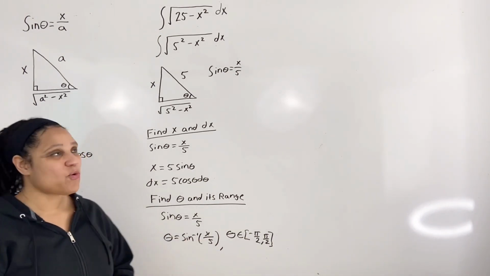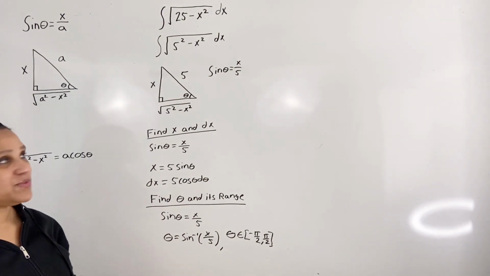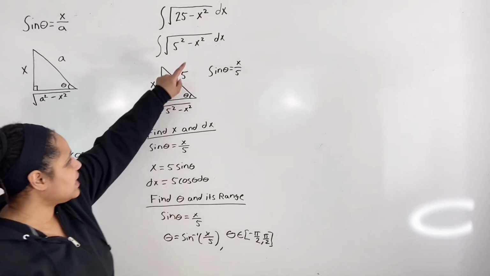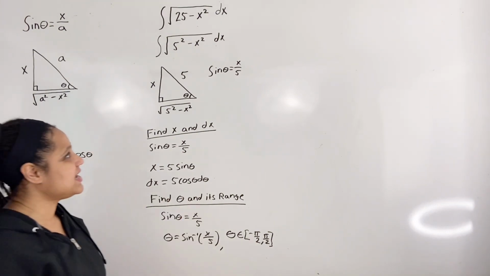So now I'm going to come over here and substitute x for 5 sine theta, and I will substitute dx for 5 cosine theta d theta.